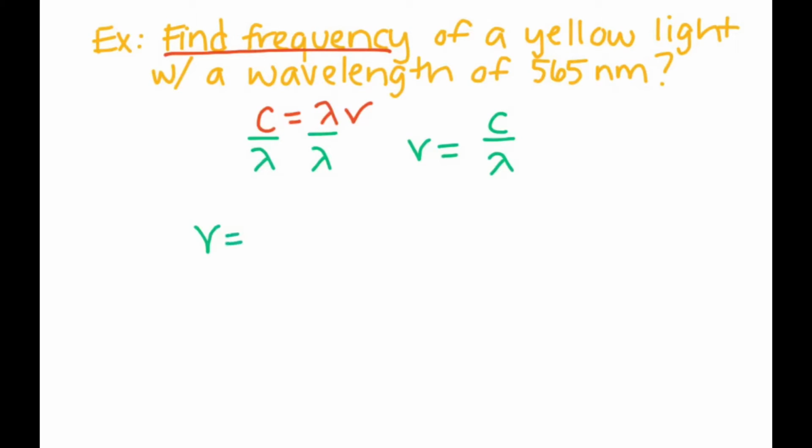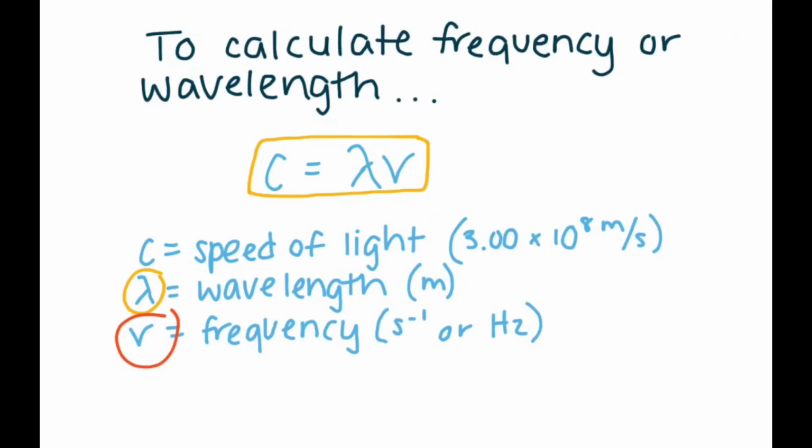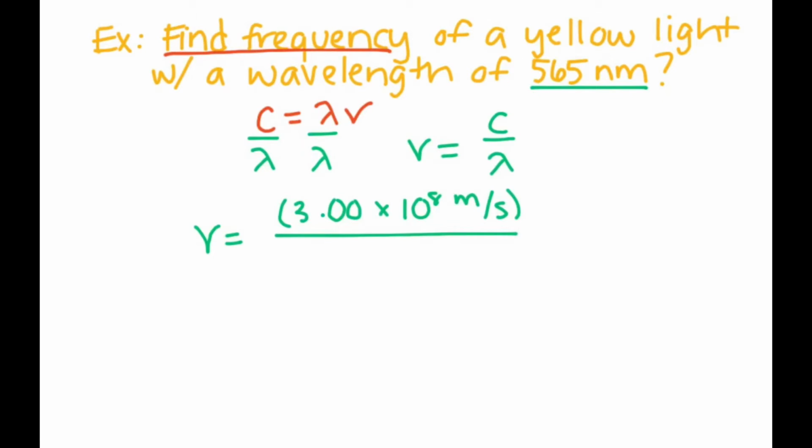So c we know to be 3.00 times 10 to the 8th meters per second. And we were given our wavelength of 565 nanometers. But as we know, wavelength is measured in meters, so we must convert this into meters.